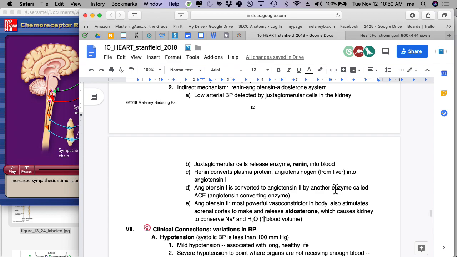ACE. ACE inhibitors, yeah. ACE just stands for angiotensin converting enzyme. So what it does is convert angiotensin 1 to angiotensin 2.